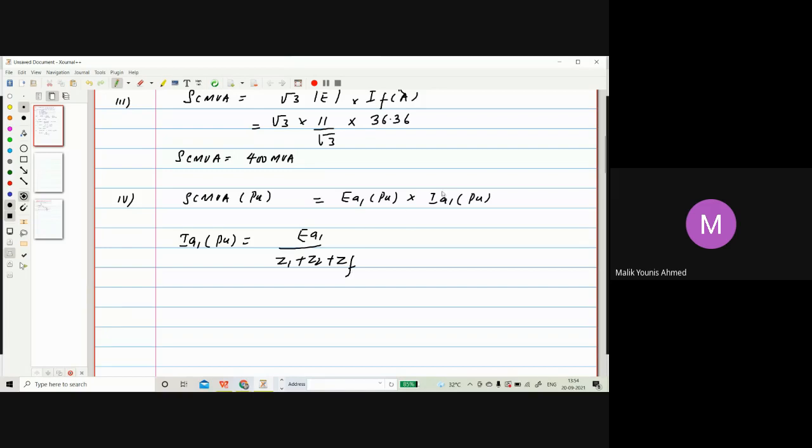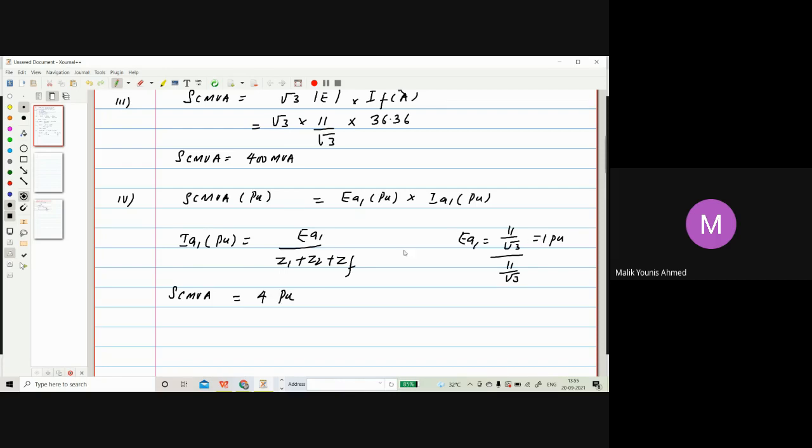And EA1 will be 1 per unit because actual divided by base value is 1 per unit. So short circuit MVA will be equal to 4 per unit.